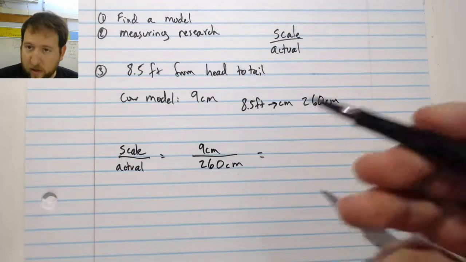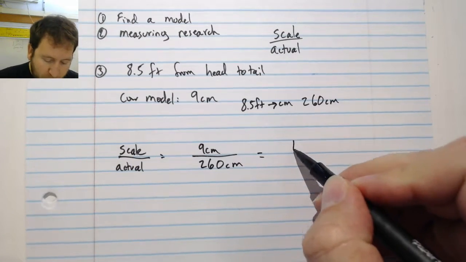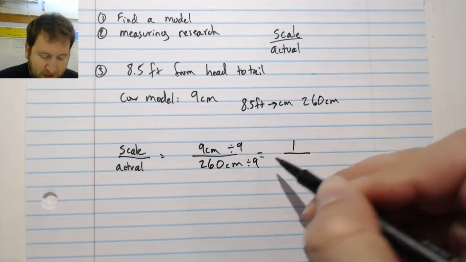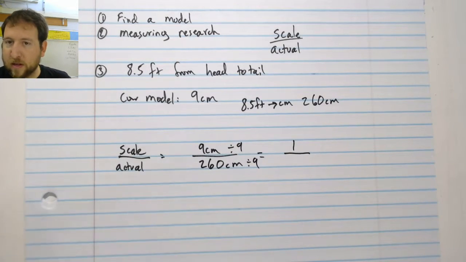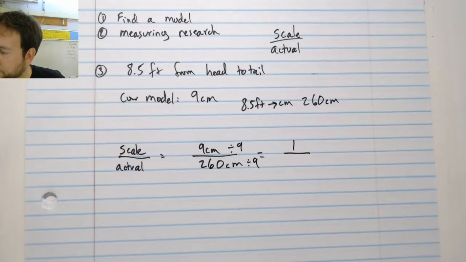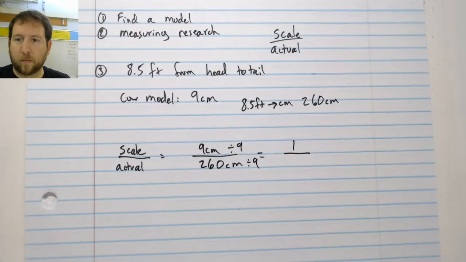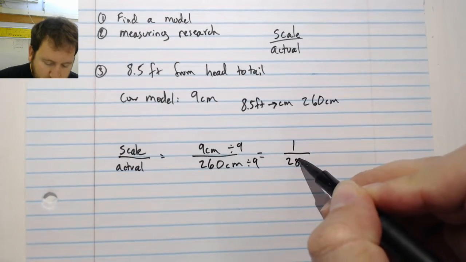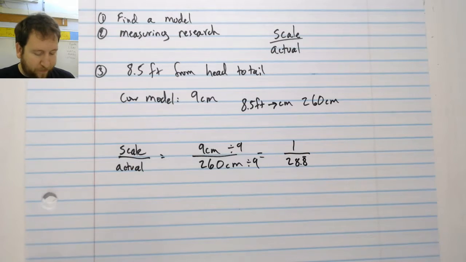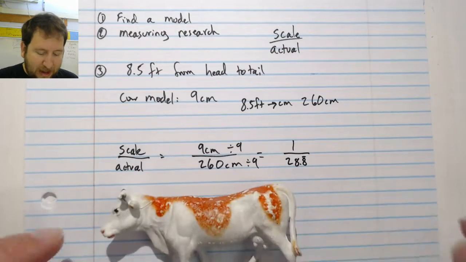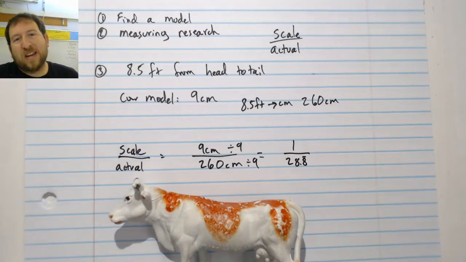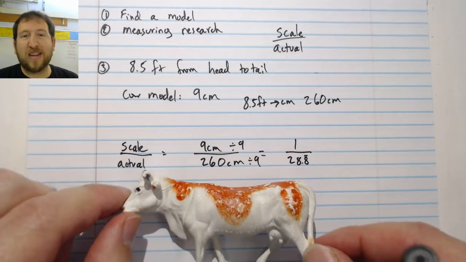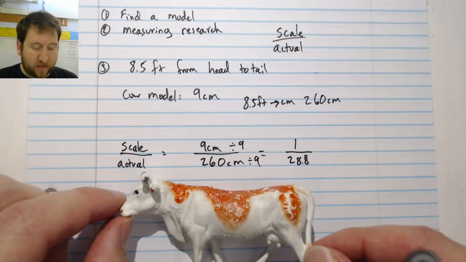So to make the top one into a 1, I'm going to divide both sides by 9 in this case. So 260 divided by 9 is, with a little bit of rounding, about 28.8 repeating. So this cow is a 1/29th model of a cow. An actual cow would be about 29 times bigger, which is pretty cool.